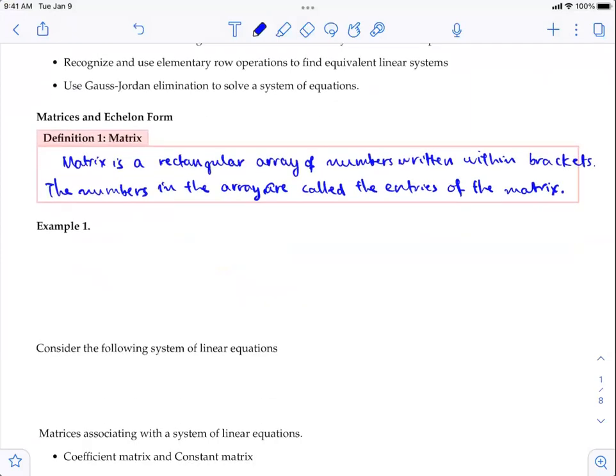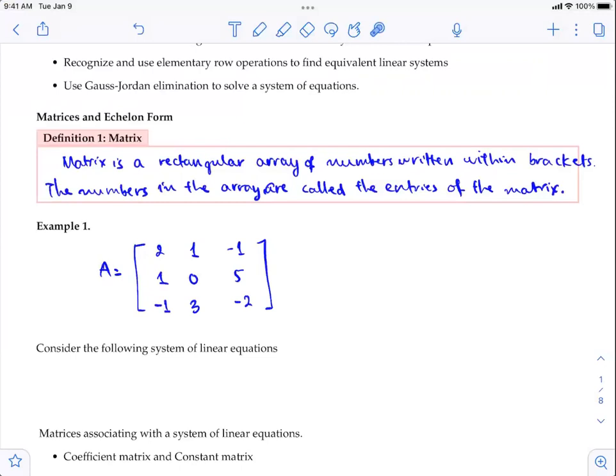Here is an example of a matrix. Usually we use a capital letter to indicate a matrix. Smaller letters will eventually be used for vectors. So, capital letters for matrices. Now I have a matrix of the form 2, 1, -1, 1, 0, 5, -1, 3, and -2.